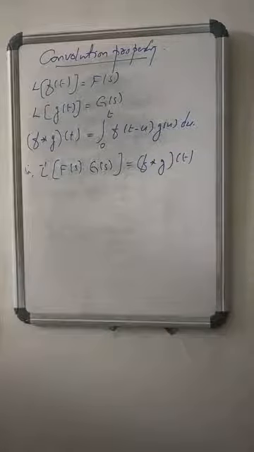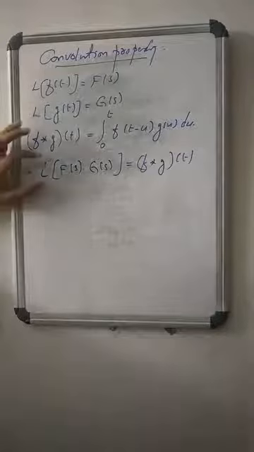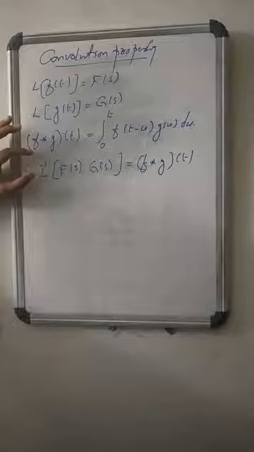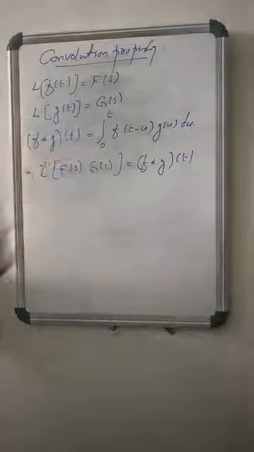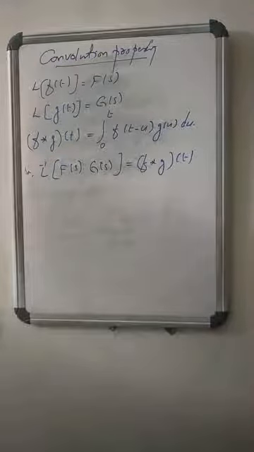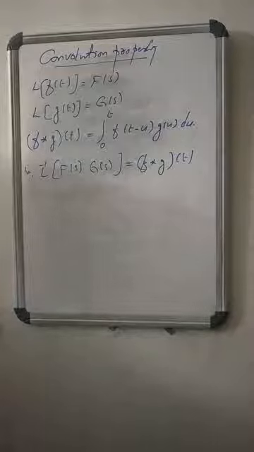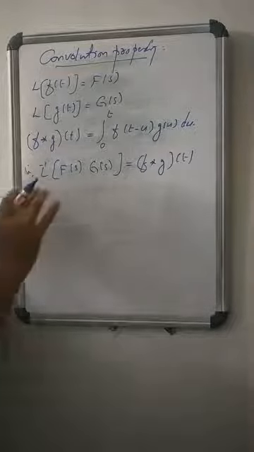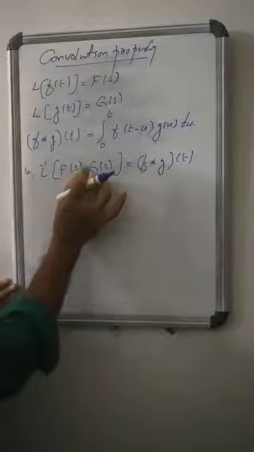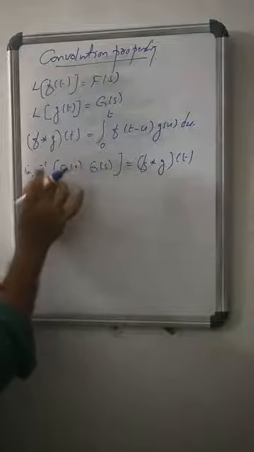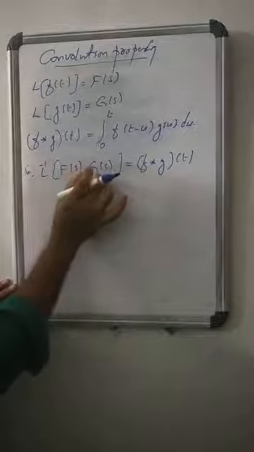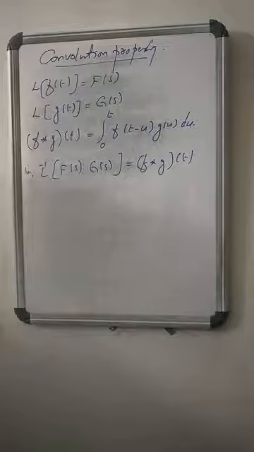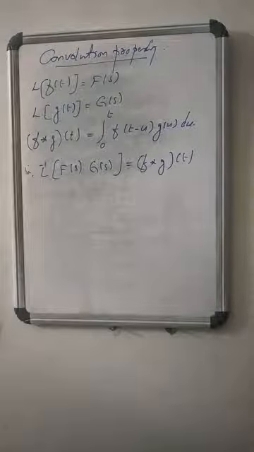So L inverse of F of s and G of s is another meaning of the convolution. The convolution of two functions is nothing but the inverse Laplace transform of the product of their Laplace transforms, that is L inverse of F of s into G of s, which is f star g of t.